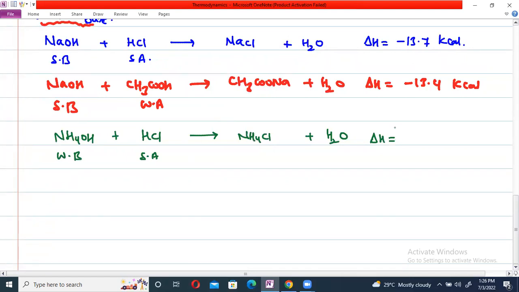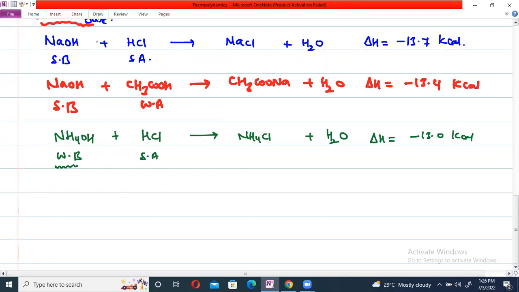See, base is weak, acid is strong, obviously less than that. So maybe I can say it becomes 13 kilocalorie. That means 0.7 kilocalorie is the energy utilized to dissociate the weak base, right?